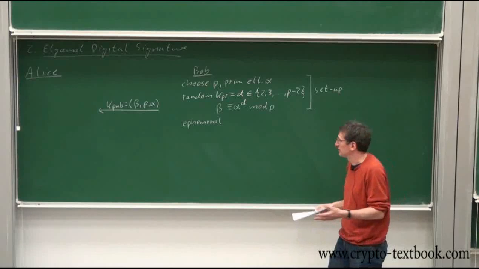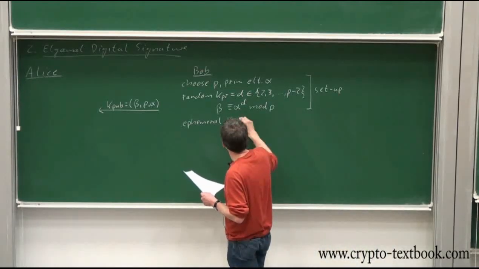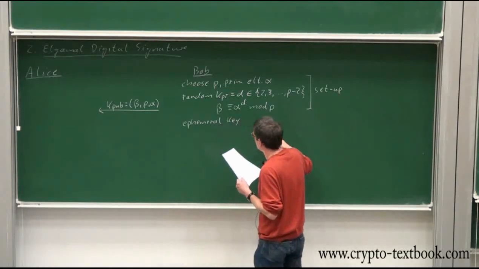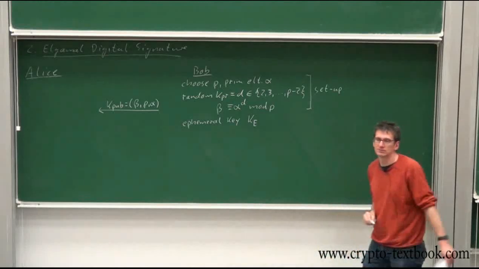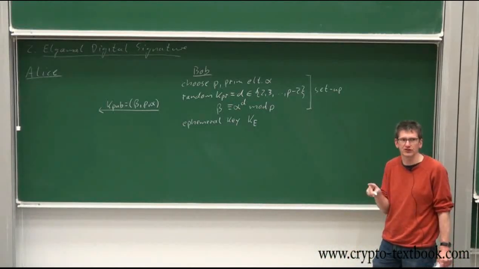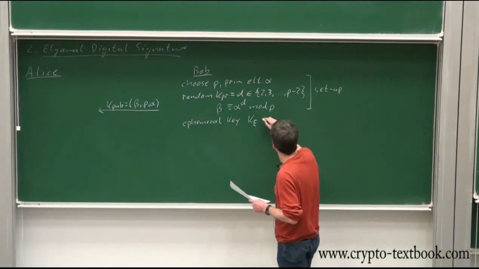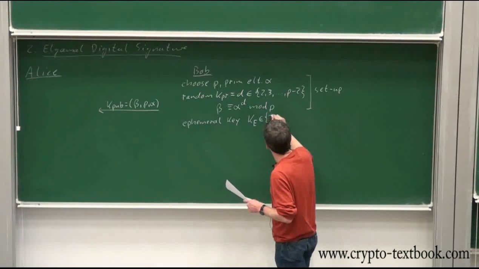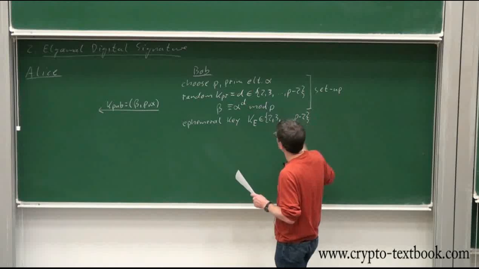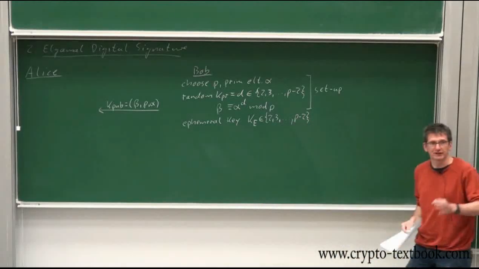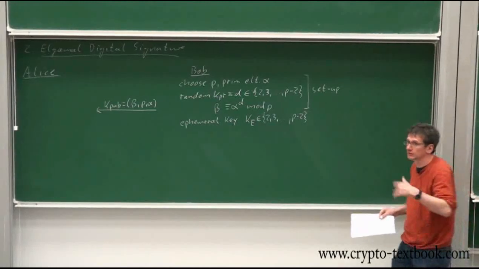Ephemeral key, which is key sub E, which is notation we use in this lecture. It's message specific. For one signature you need one ephemeral key, and afterwards you have to throw it away.